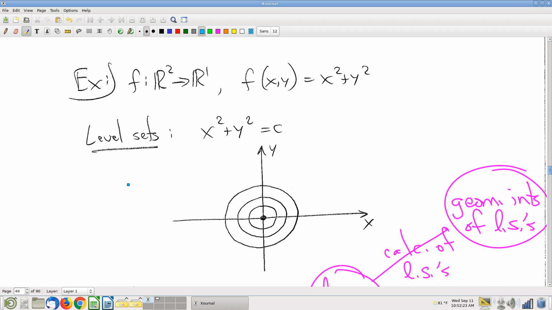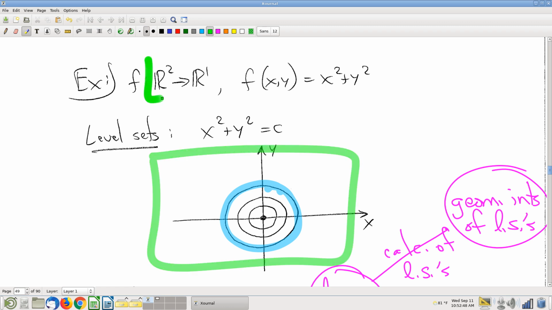I don't want to get into the reason why, but it's true for exactly the reasons you think it's true. So a level set is one dimension less. That's right. The level set itself has dimension one less than the dimension of the domain that it lives inside of.